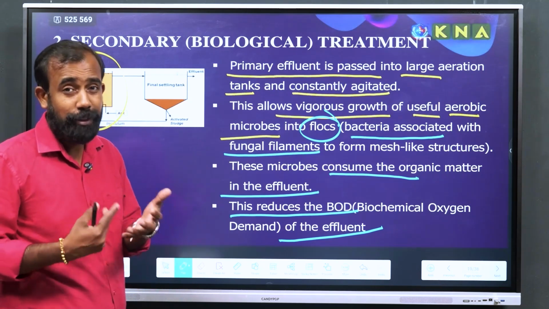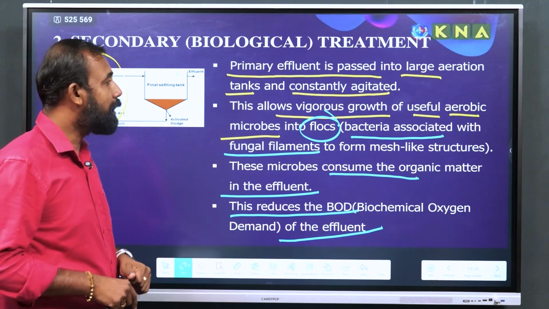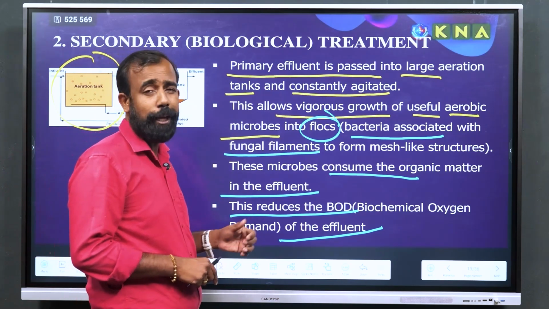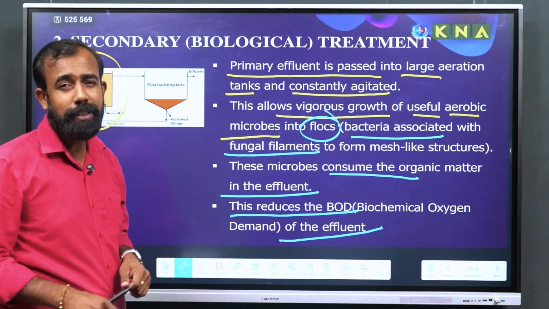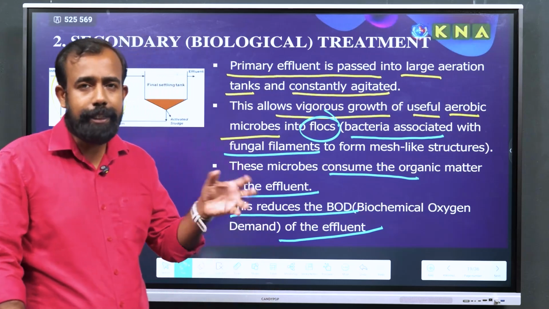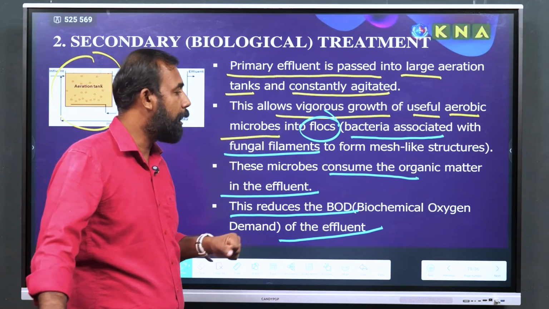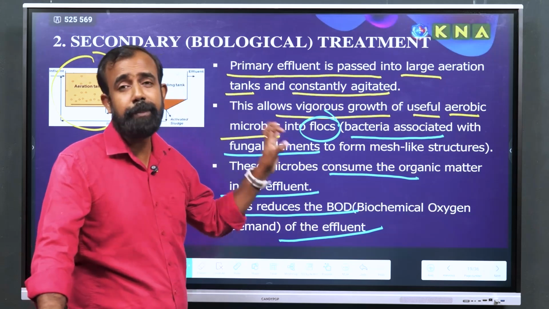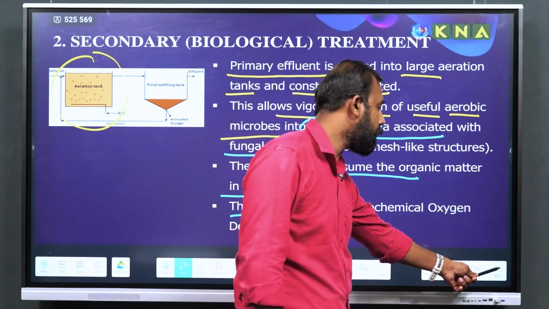Due to that agitation, the level of oxygen increases, which allows the growth of useful aerobic microorganisms into flocs. These flocs consume organic matter in the water, thereby reducing the BOD.